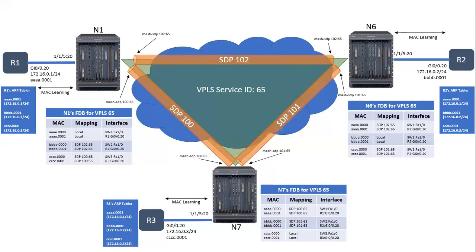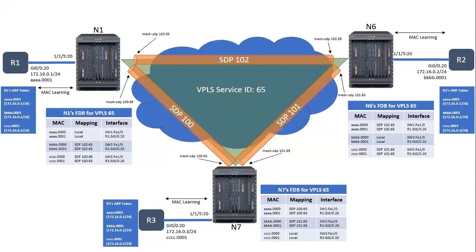So if N1 were ever to ingress a particular frame whose service was tied to this particular device attached to this PE router, it would know that in order to reach the far end, or N6, it would have to forward this traffic out SDP 102.